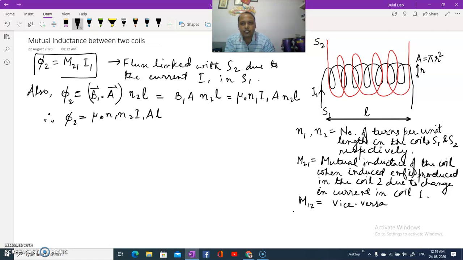One we considered earlier in terms of the mutual inductance, and secondly in terms of magnetic field and the cross-sectional area. So these two terms represent the same thing.